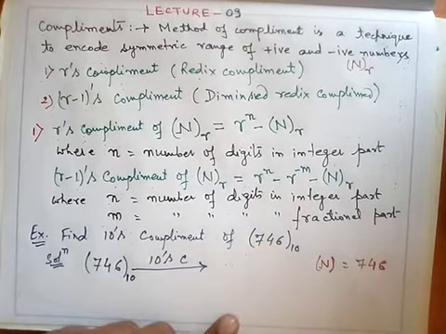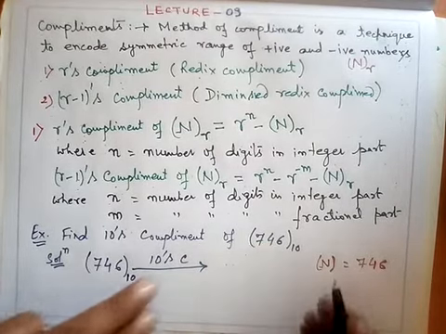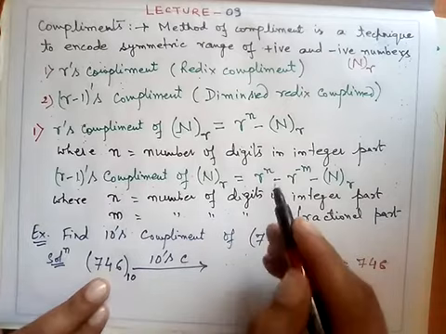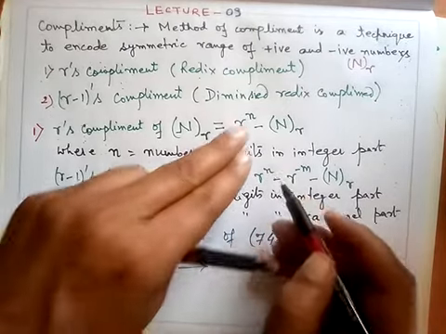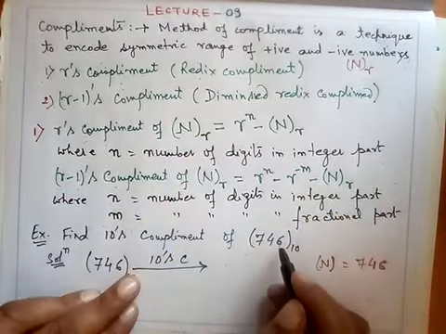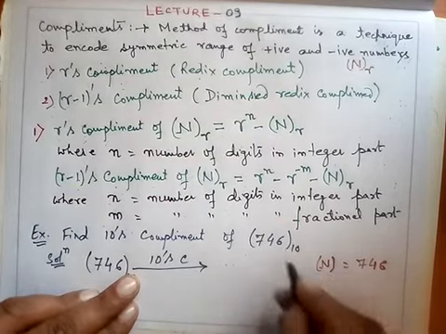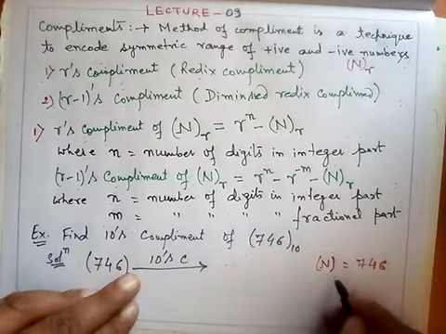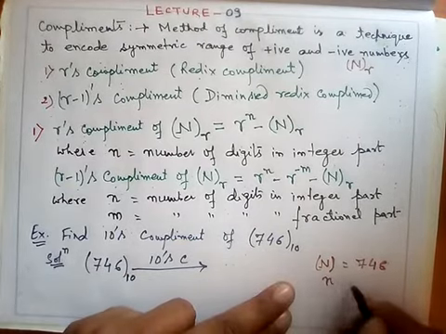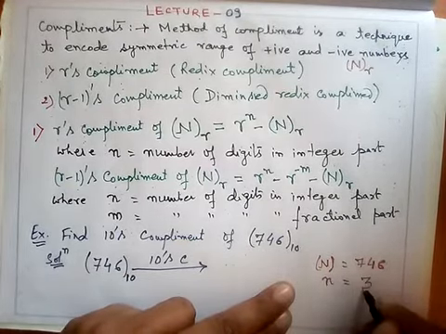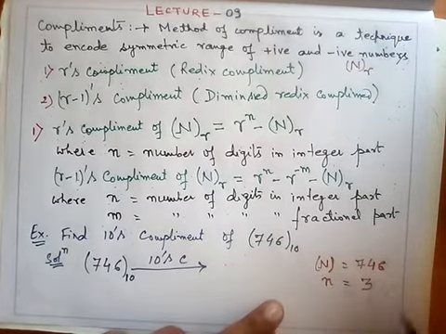What is n? N is the number of digits in the integer part. This does not have a fractional part, and the number of digits in the integer part are 1, 2 and 3. So small n is equal to 3 in this problem.